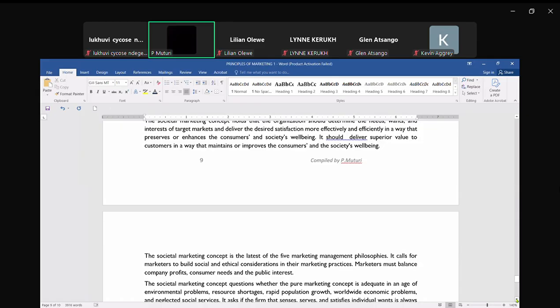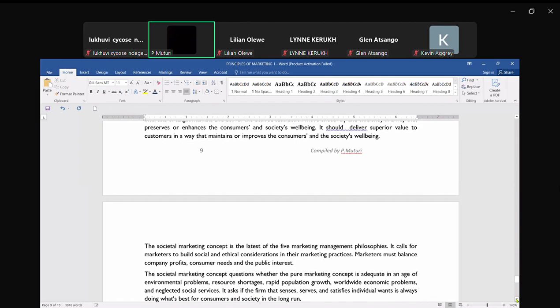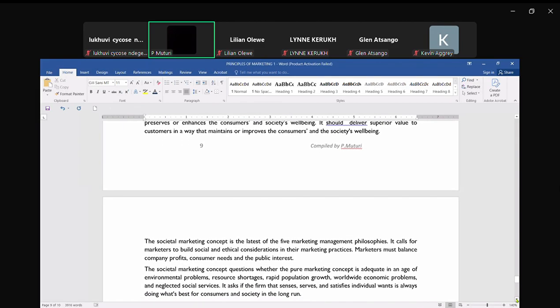So that's what it brings into the mix of how companies should carry out their marketing activities, not just meeting human needs and wants, not just making profit better than competitors, but also taking care of the societal well-being, or including the environment, among others. Not exploiting workers. So you're talking about being socially responsible. So the key aspect of societal marketing is social responsibility.